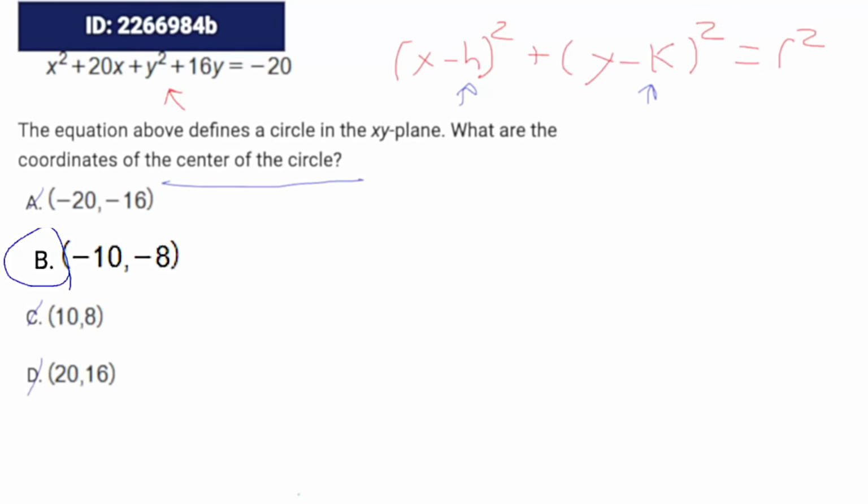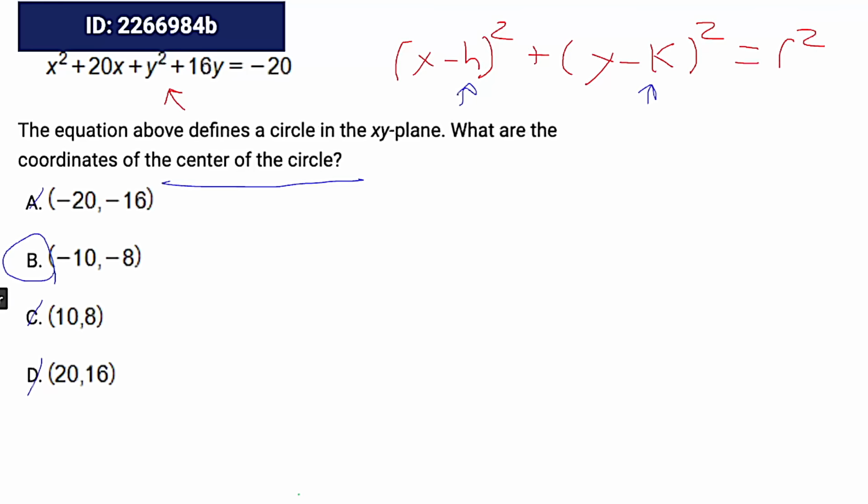Now this one, if you know circles really well, you can actually get your answer without Desmos in a matter of seconds. Because like I was saying, what you do with the left side here is you complete the square. And when you complete the square, basically you have to take half of this coefficient in front of x and then square it.